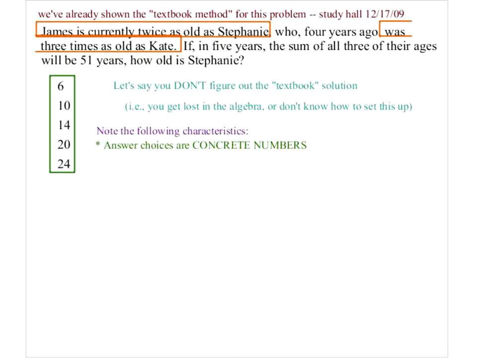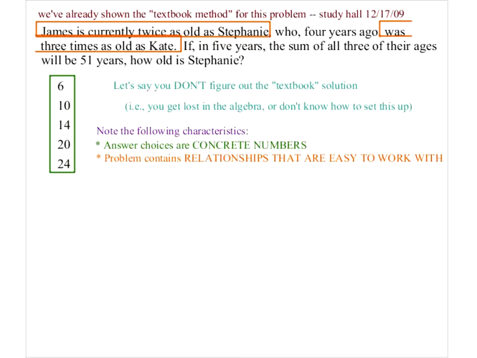So the second aspect here that we're looking at is the problem contains relationships that are easy to work with. If you see a problem with these two characteristics, then there's a backup method that you can often apply even when you don't really know how to solve the problem.